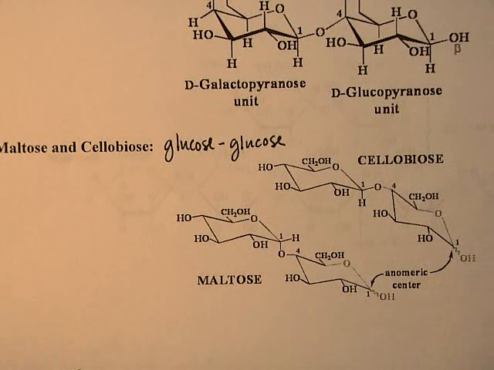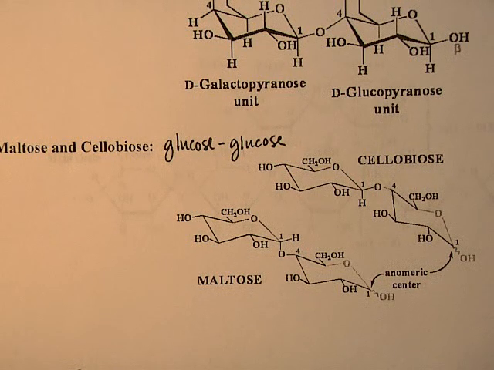But you know from your experience that we could eat starch, but we can't eat cellulose. All right, if they're both made out of glucose, why could we eat starch, but why can't we eat cellulose?